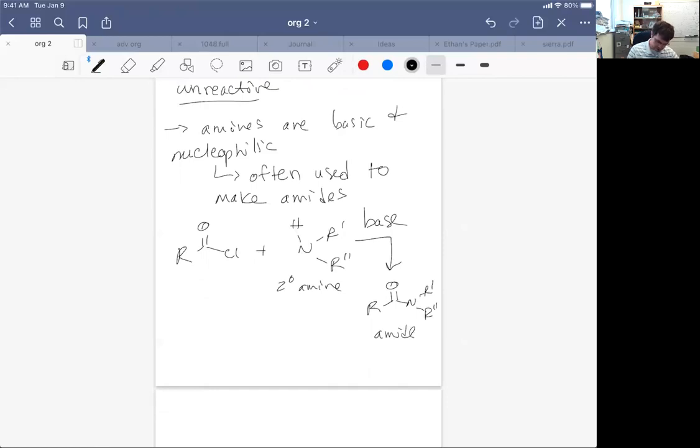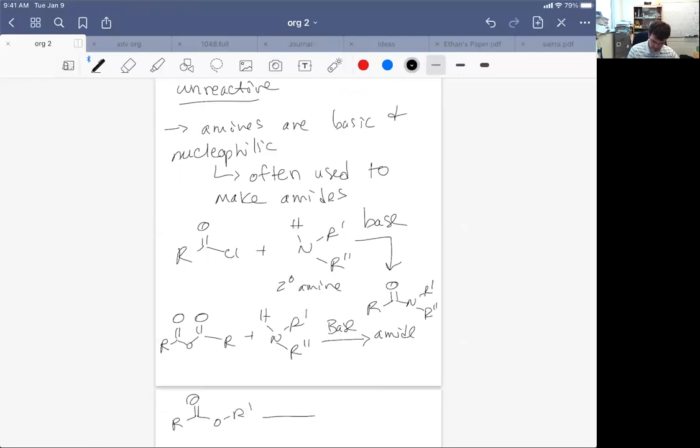Now we've also shown the same reaction with anhydrides. And we've also shown it with esters.